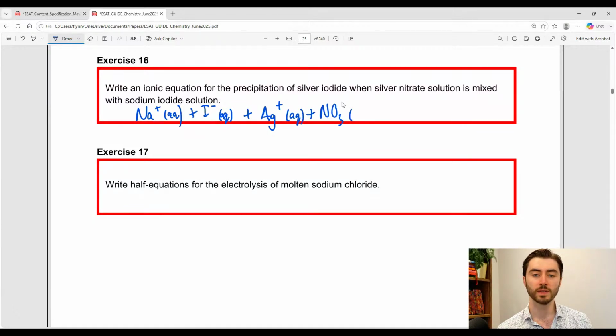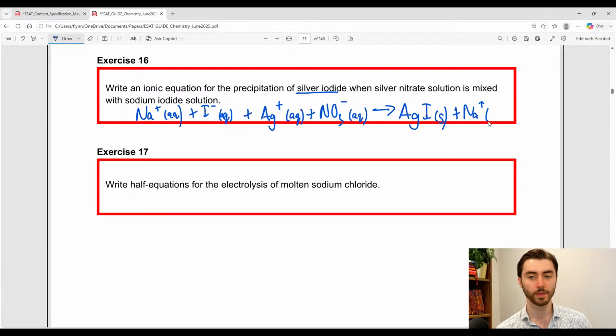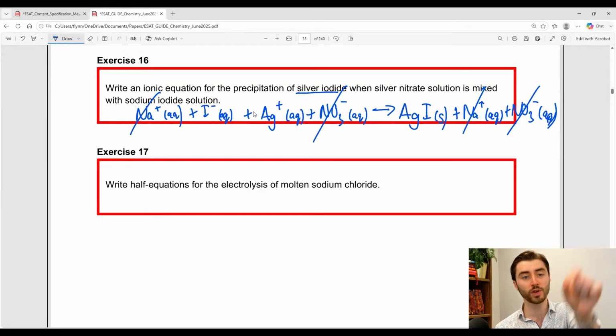Now I'm writing all of this out in full because we're then going to get rid of the spectator ions. So we know it's going to form solid silver iodide, and it's also going to form sodium nitrate, but these are just going to be aqueous, right? And so these cancel on both sides, and it's really just this silver ion reacting with the iodide ion to form the precipitate. That is the ionic equation that they're looking for.